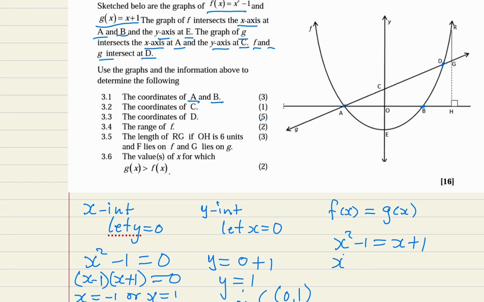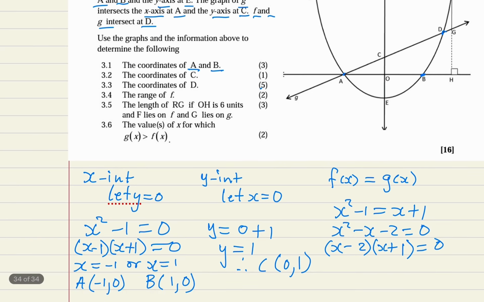I will have x squared minus x minus 2 equals to 0. I open up the two sets of brackets. I will have x and x, 2 and 1. This one will be negative, this one will be positive. Then we know that x is equal to positive 2 or x is equal to negative 1.